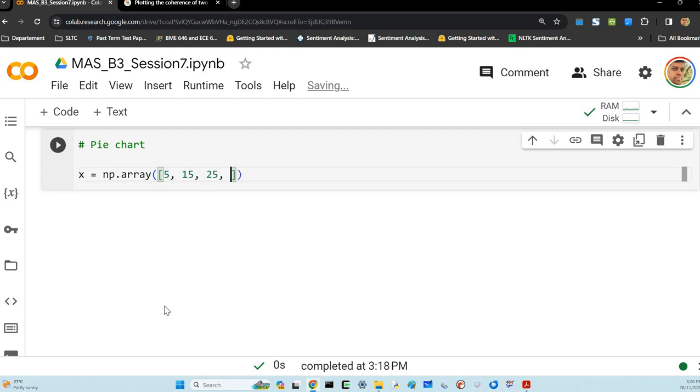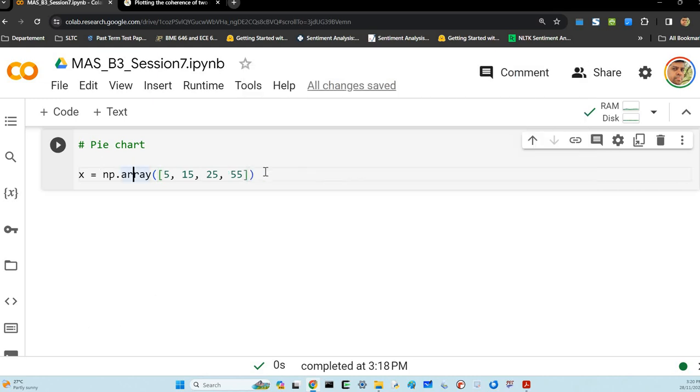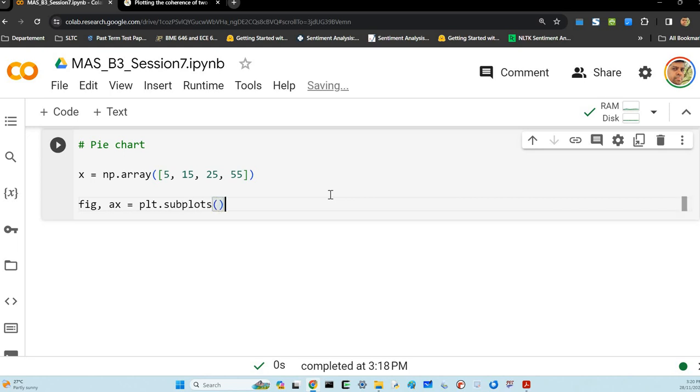Since we are going to represent values in percentages, the numbers we put should usually add up to 100, but of course if they do not add up to 100, it can scale these values, right? The other code is the same. We have subplots, and then instead of plot, this time we are going to say pie.